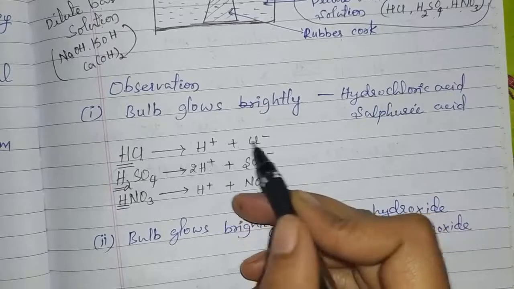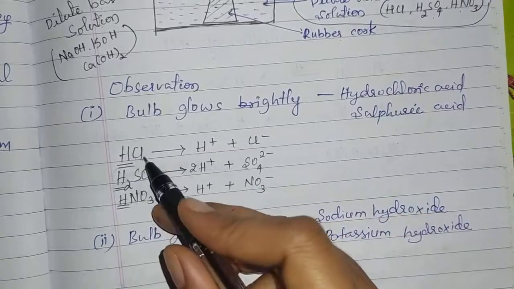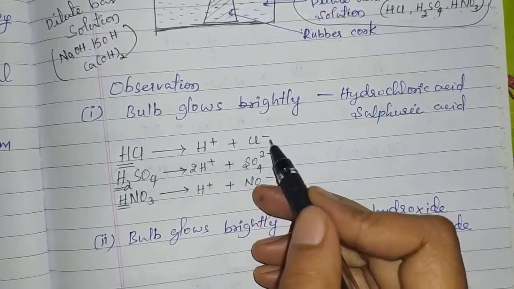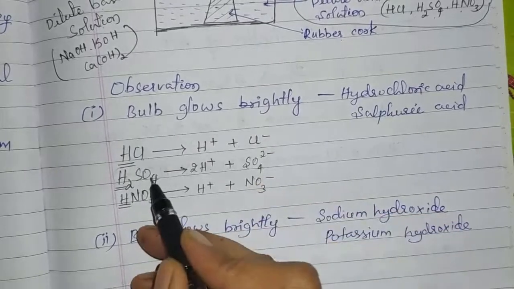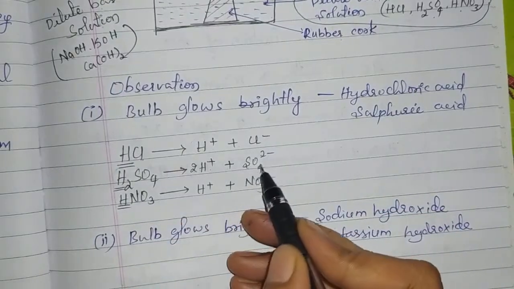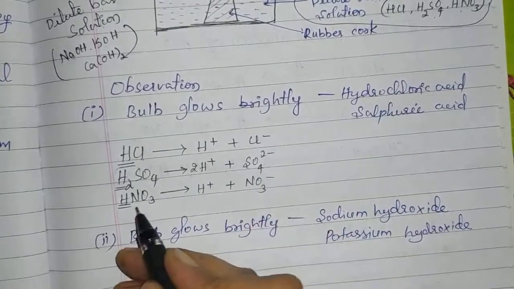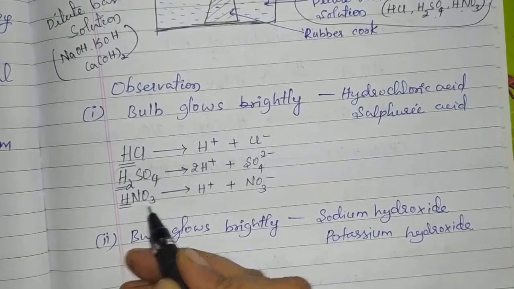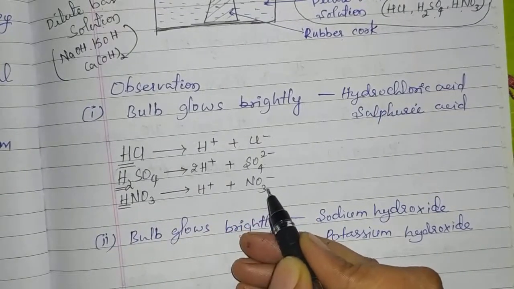If hydrochloric acid is used, then chloride anion will be released. If sulfuric acid is used, then sulfate anion will be released. If nitric acid is used, then nitrate anion will be released.